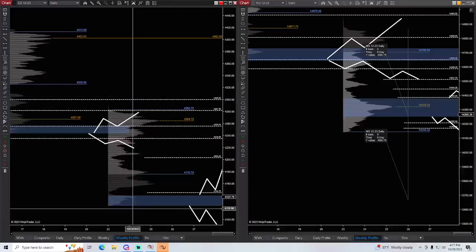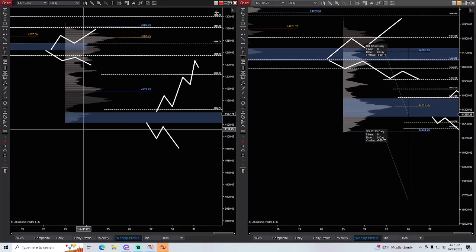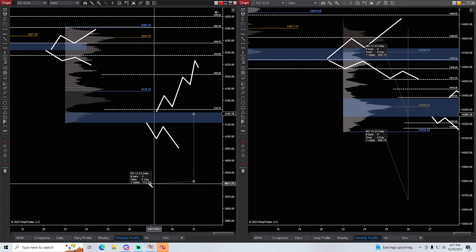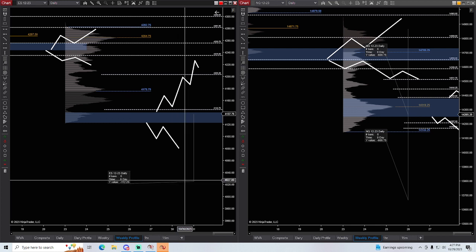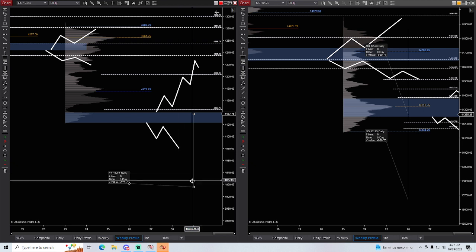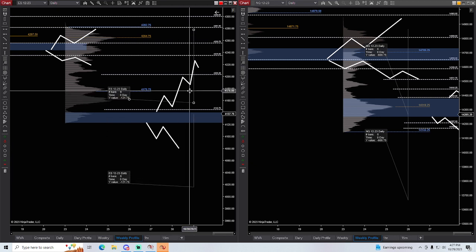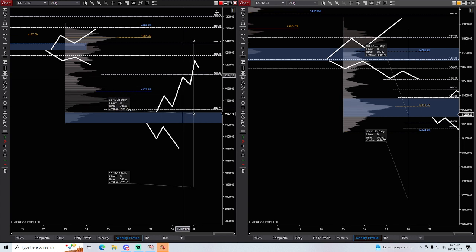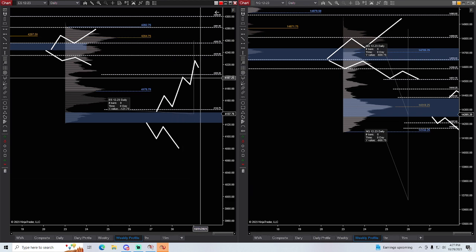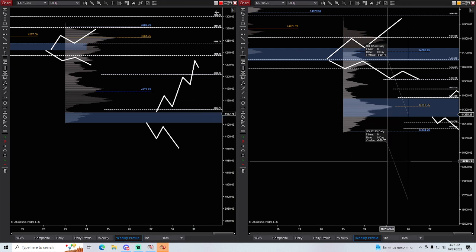Same thing on the S&P, roughly 120 points. If we move straight down, there's roughly 120 points. So again, we could retrace all the way up to previous week point of control. Not really tradable information, just an awareness.